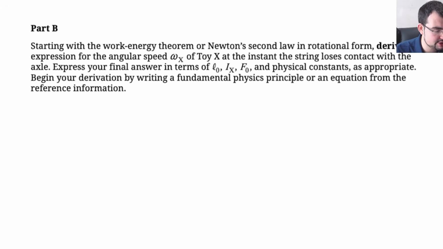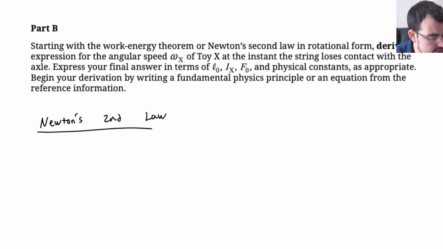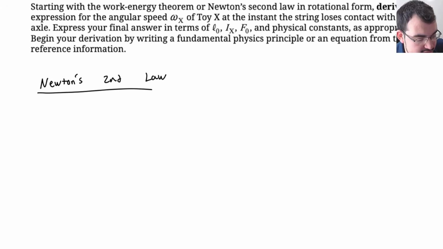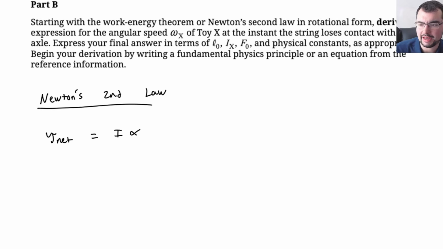All right, now for the derivation. So I like Newton's second law for this, but work energy works too, and I imagine we'll just do both. Starting with Newton's second law, this says that the net torque is going to be equal to I times alpha, and we are driving the speed omega x.